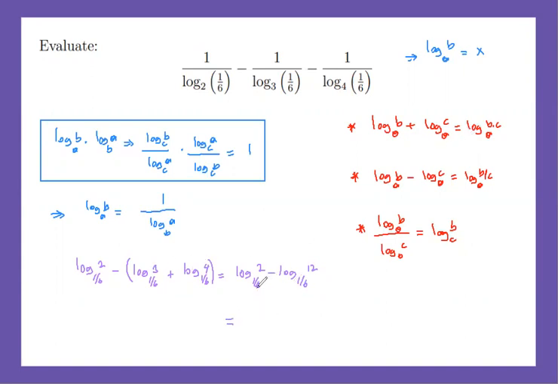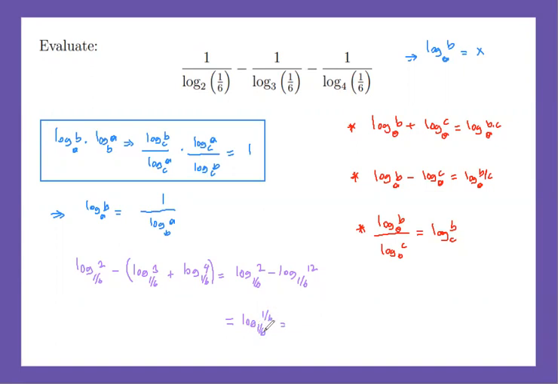And this is equal to, we have now the same base. Now we are subtracting, so when you subtract, you divide this number by this number. Again, if you don't really know why this works, please review that as well. So that would be log base 1/6 of 2 divided by 12, which is actually 1/6 as well. So we have the same two numbers in the log.